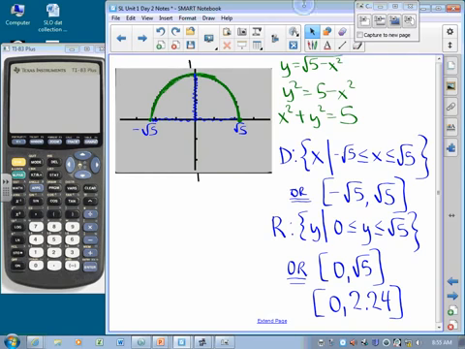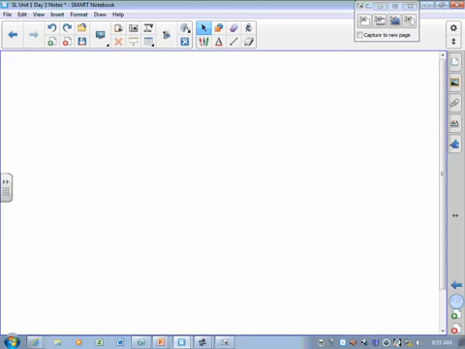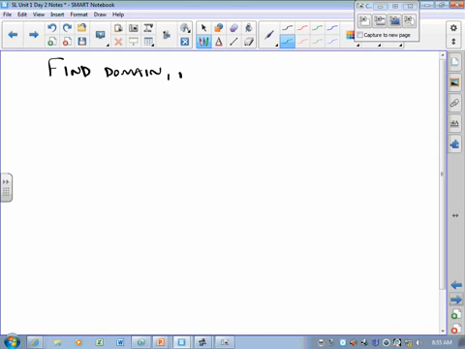Okay? Okay. So to find domain, you've got to consider the set of all possible x values. To consider range, you've got to find the set of all possible y values. So for you to consider, before we gather next time, I want you to find the domain and range of the following.